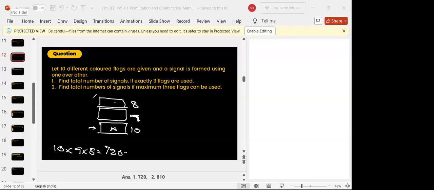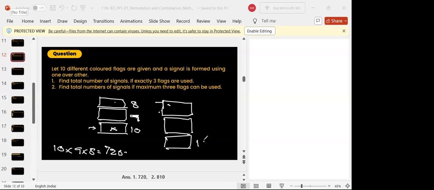Maximum 3 flags means we have to consider 1, 2, 3 flags.